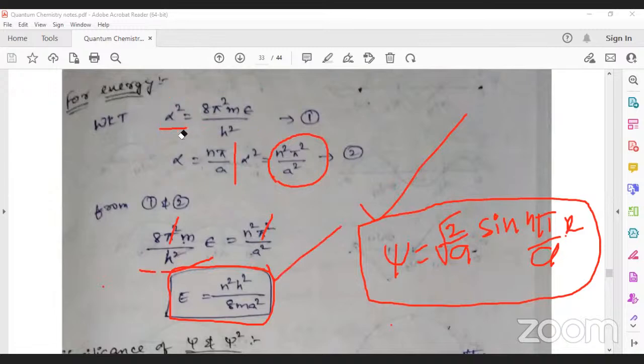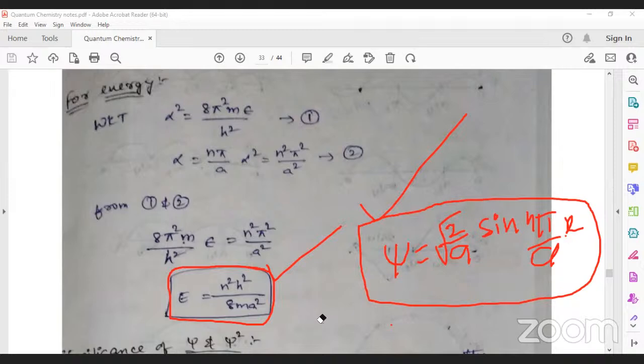So whenever the examiner asks a question based on particle in a one-dimensional box, you have to write up to the energy, right? So the energy is equal to what? n square h square by 8ma square.